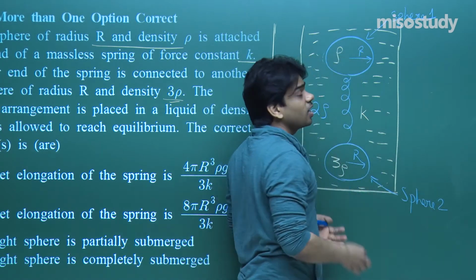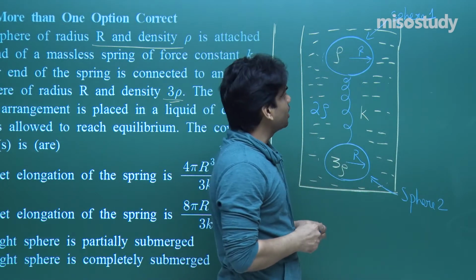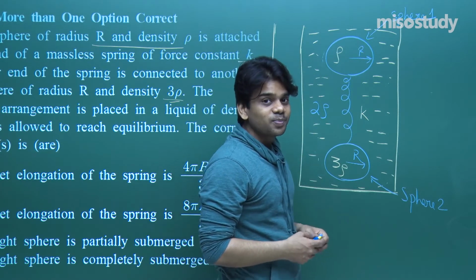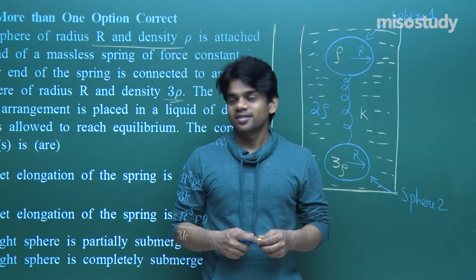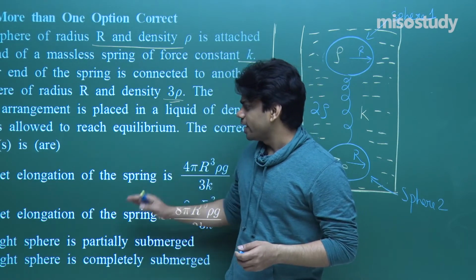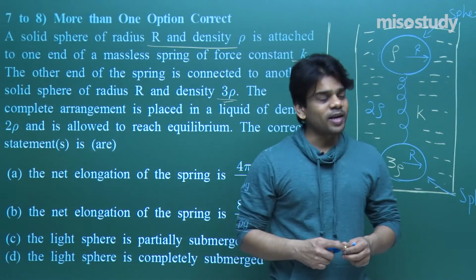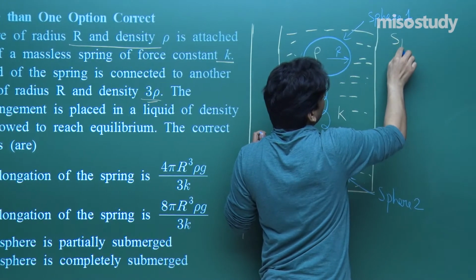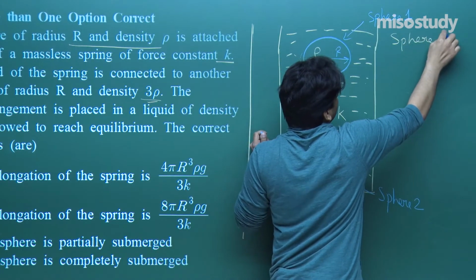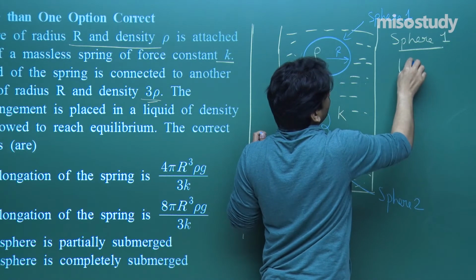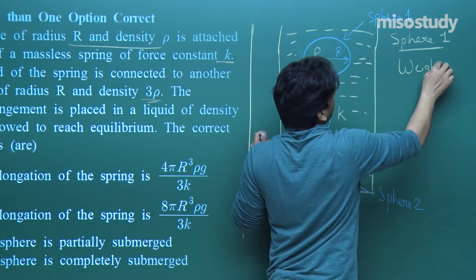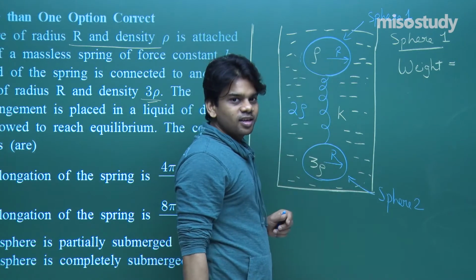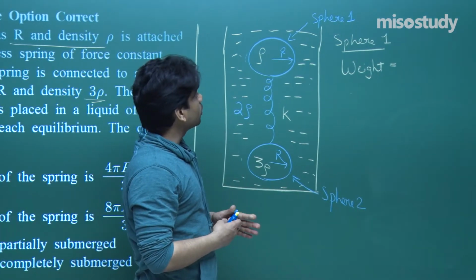If we talk about the upper sphere, its weight will be acting downward. Let's say the spring is stretched by a length x, and that is what we have to comment on, the net elongation of the spring. So for sphere 1, since it is in equilibrium, buoyant force will be acting on it, and spring force will also be acting on it.